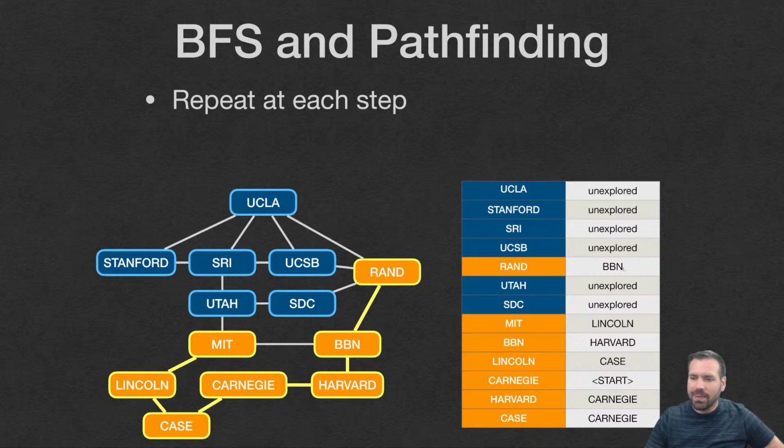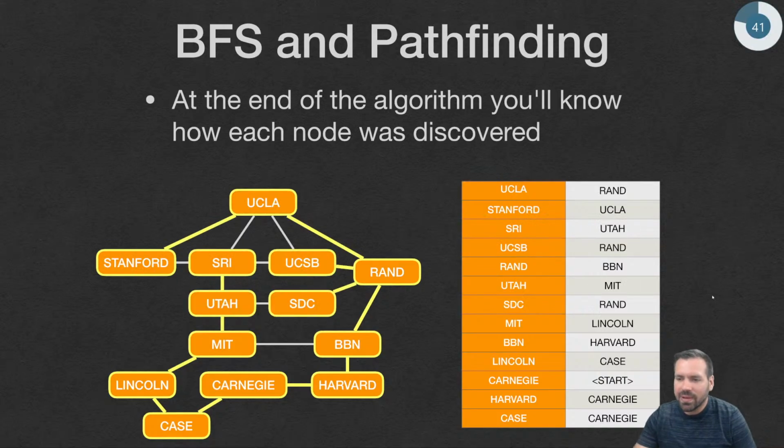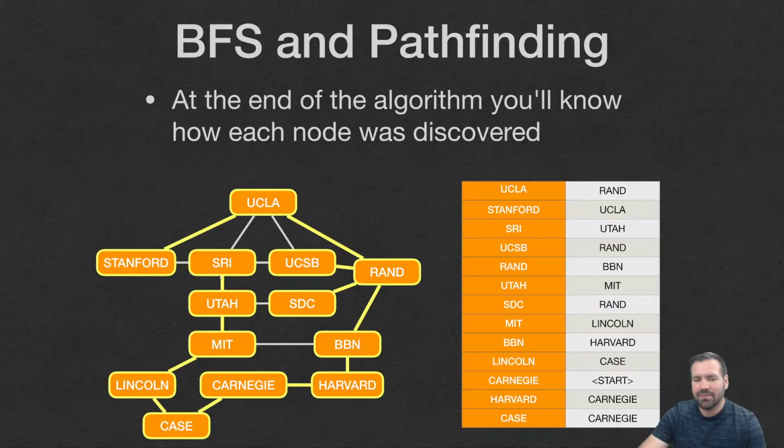Rand was found by BBN. I won't go through every single step like I did with the last one. Hopefully you see the pattern there. Every single node, whenever we find it with an edge that we marked in yellow here, SRI was found by Utah. We're going to mark that in this data structure and say SRI was found by Utah. So every single node knows the node that discovered it. And that's it, and that's all the information we need.